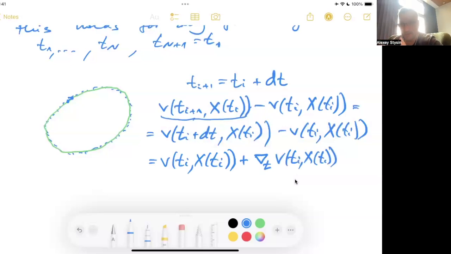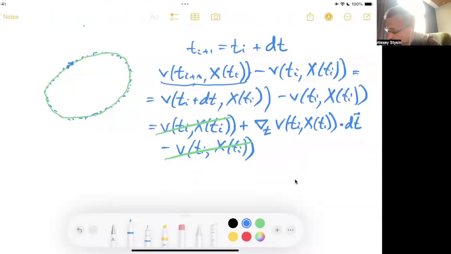This is a vector of dimension d, and we take a scalar product with dt, and we also had minus v of t_i, x of t_i. Those things cancel.